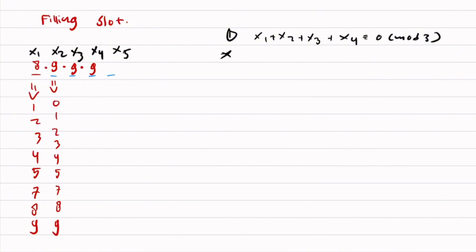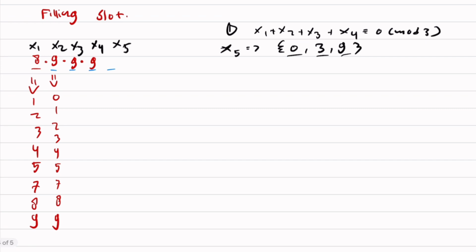gives us a remainder of 0 when divided by 3. Later on, x5 can be, sorry, let's start with 0. 0 is also possible for x5. 3 is possible, 6 is not possible, so there are only 0, 3, and 9.